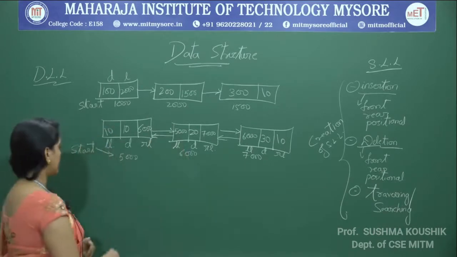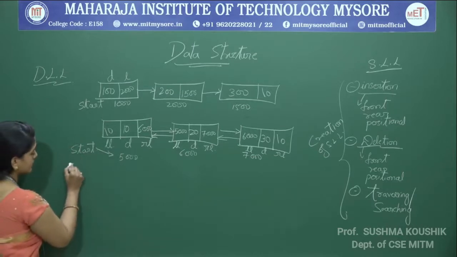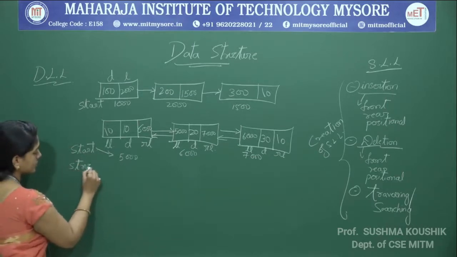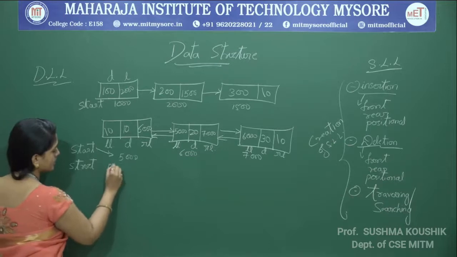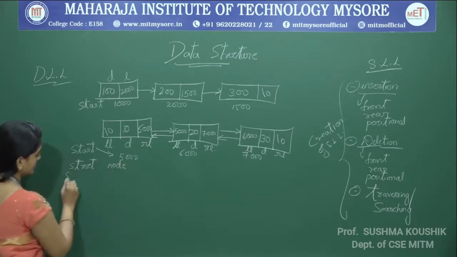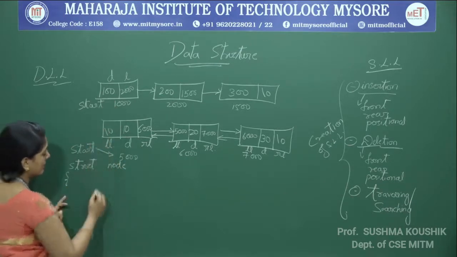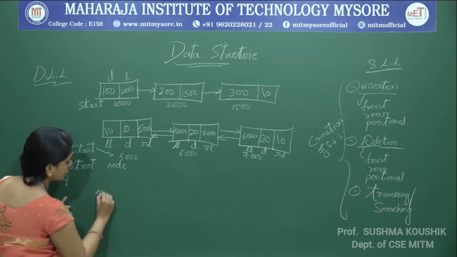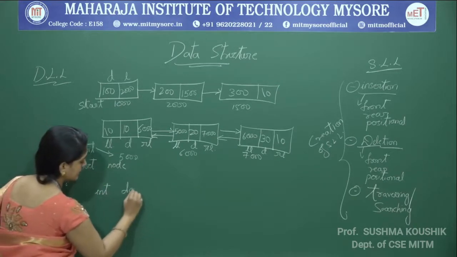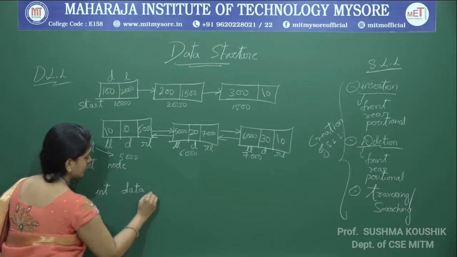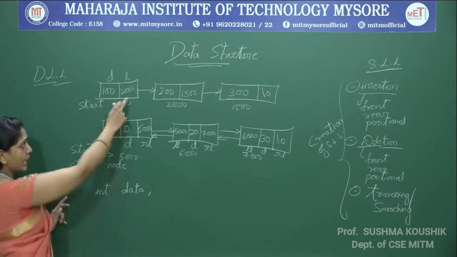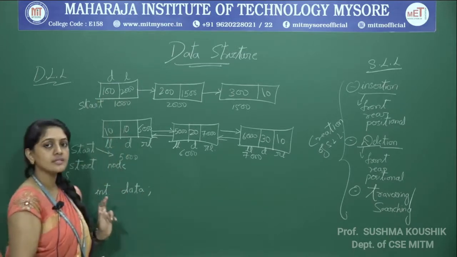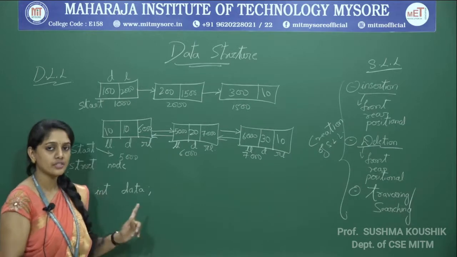In the case of singly linked list, we wrote something like this: struct node. It had one data part, and if it is integer, we call it int data. And next we had a pointer, and we know that this is a self-referential structure.